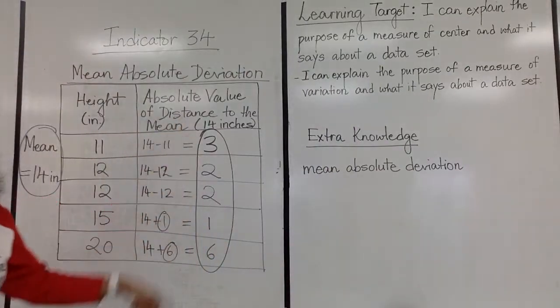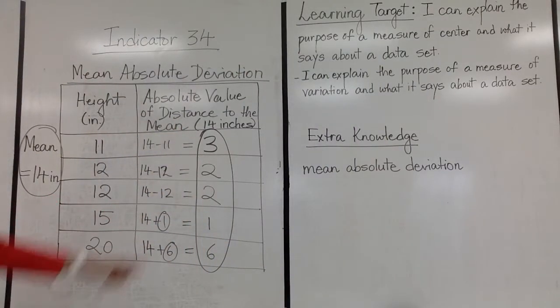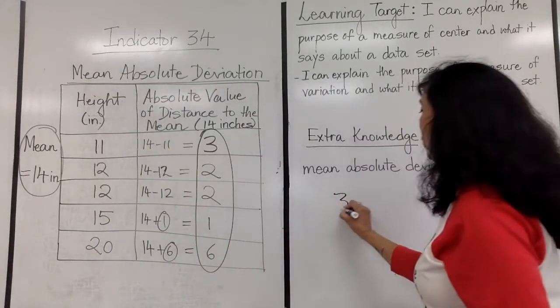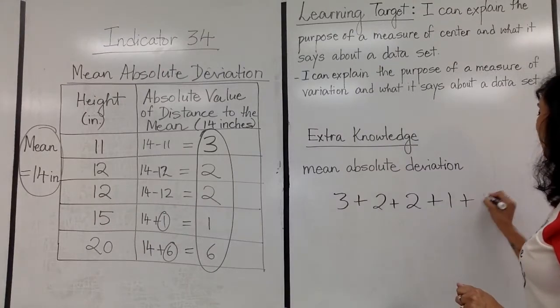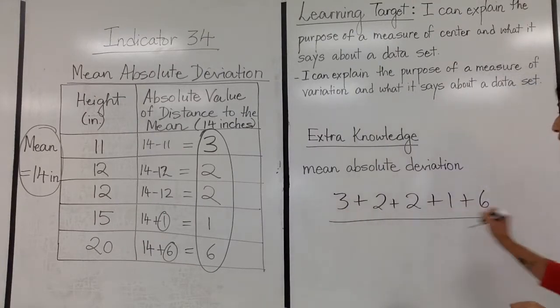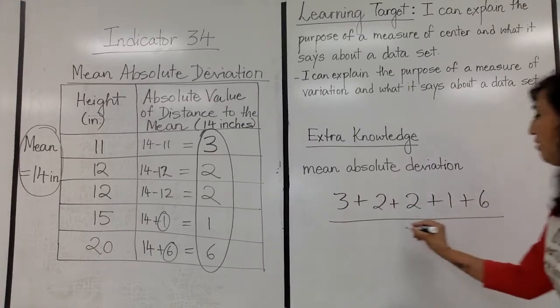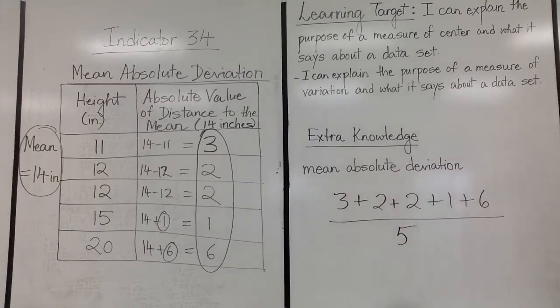Now all I do is take these numbers and find the mean of these numbers. I take 3 plus 2 plus 2 plus 1 plus 6, and I have 5 of them, so I divide by 5. 3 plus 2 is 5, plus 2 is 7, plus 1 is 8, plus 6, sorry, I get 14 when I add this up.